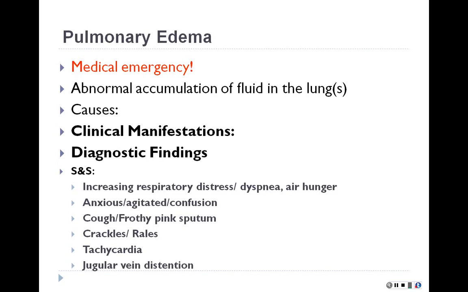So that's some blood that's gotten intermixed with some of the fluid. So they may have frothy sputum, crackles, what we used to call rales, but now rales is out, the word is out, so it's crackles, and tachycardia. They'll be breathing faster probably, and the heart's trying to make amends and work faster too.